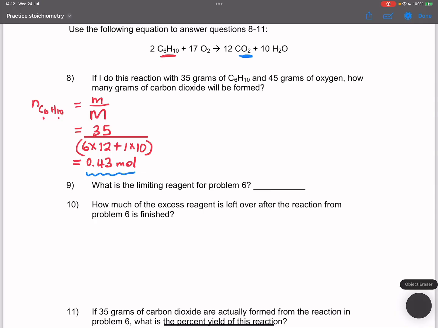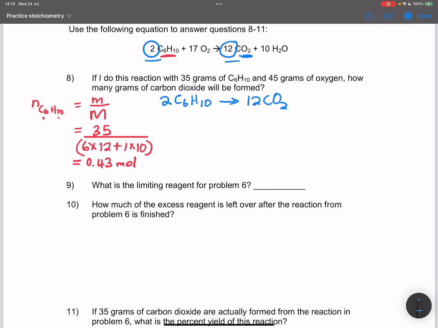Now note, this is where I use my stoichiometric ratios. For every 2 moles of C6H10, I produce 12 moles of carbon dioxide. That's according to the ratios that I have there.